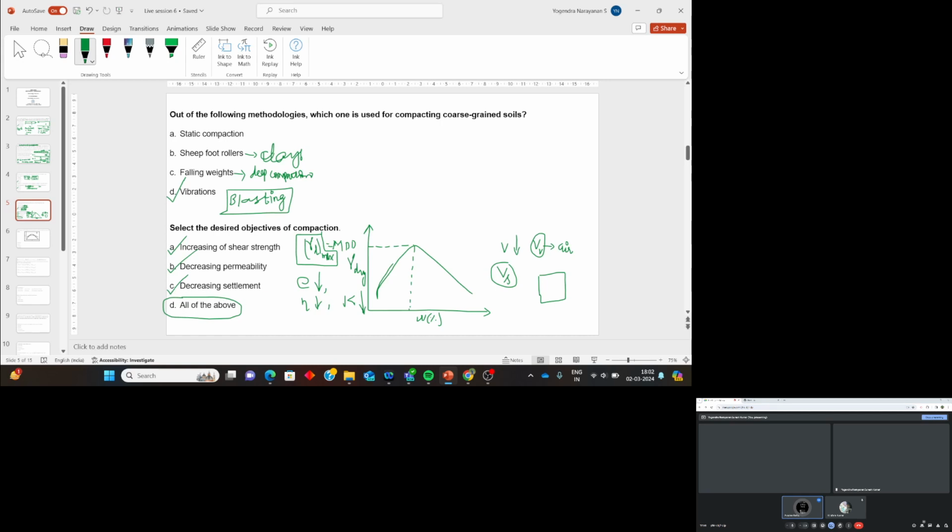So this is compaction. Always remember, compaction is expulsion of air voids only, only air voids. So obviously the option will be all of the above.